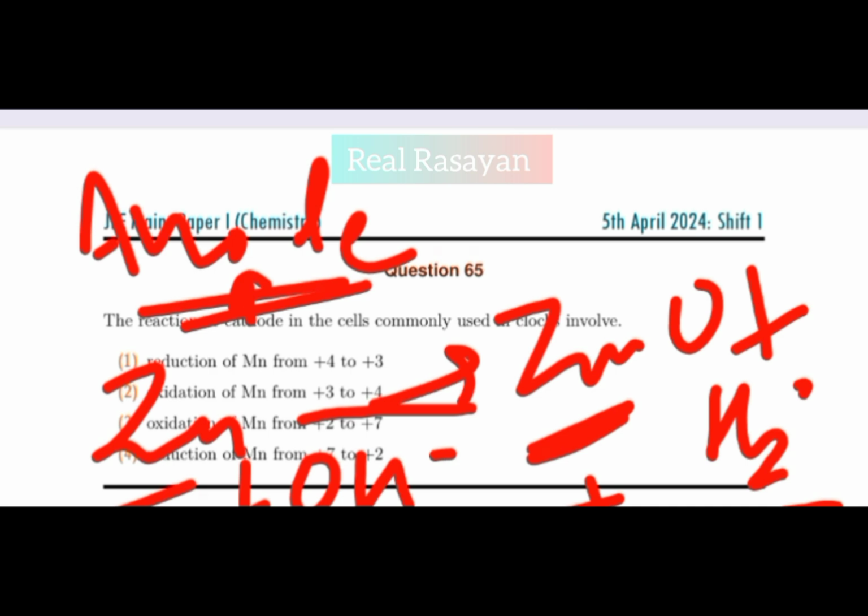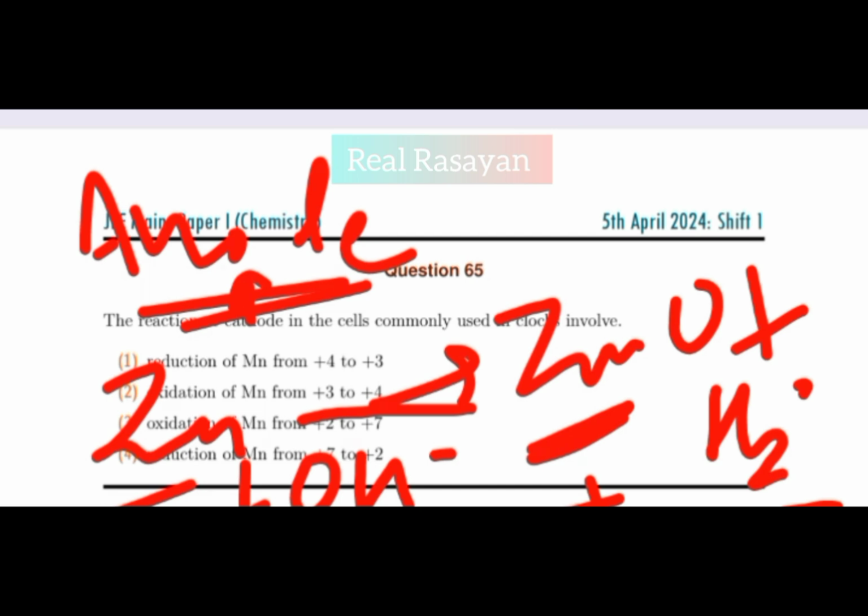And in case of cathode, reduction takes place. So the manganese dioxide changes into Mn2O3. So the manganese dioxide involves +4 oxidation state, and in Mn2O3 oxygen involves minus 2 charge.